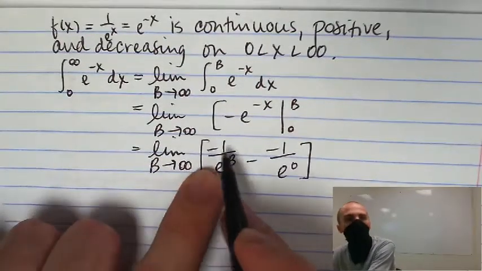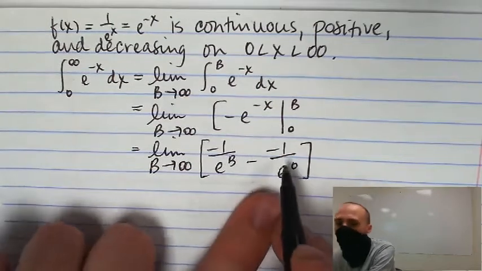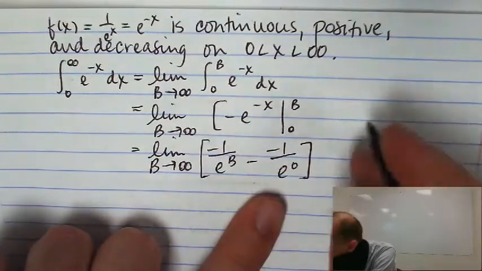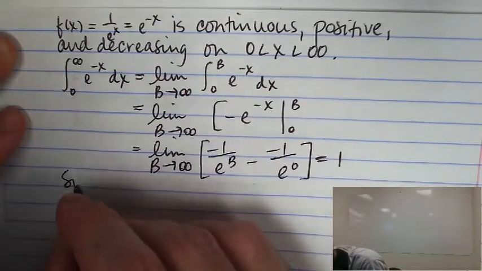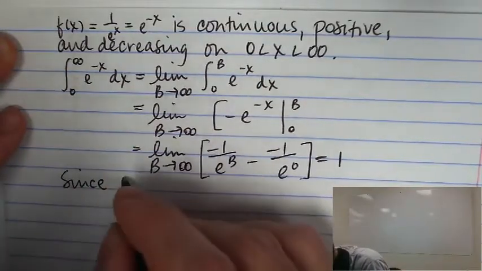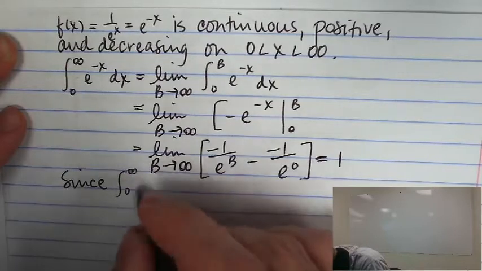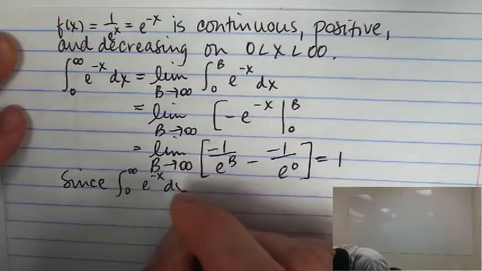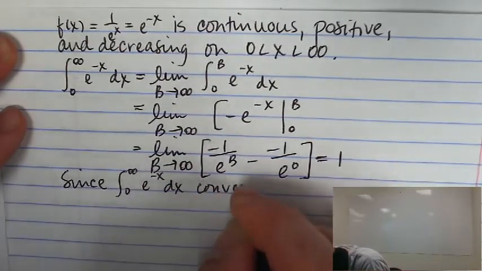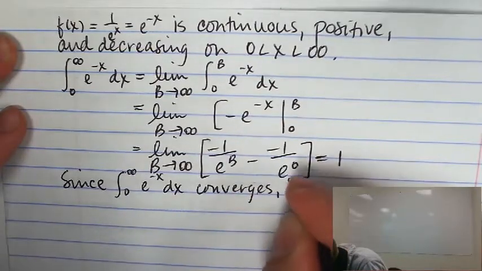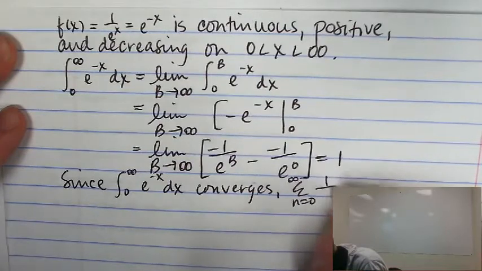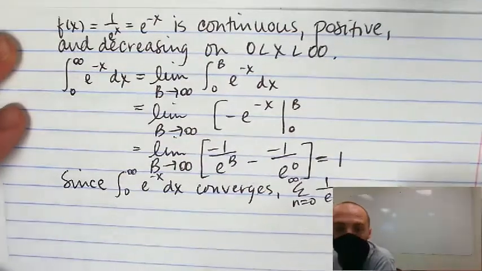The denominator gets real big, the fraction gets real small. Minus -1 over 1, so minus -1, that's equal to 1. And so I'll say, since the integral from 0 to infinity of e to the negative x dx converges, the sum as n runs from 0 up to infinity of 1 over e to the n also converges.